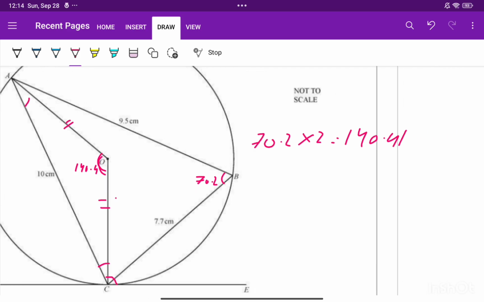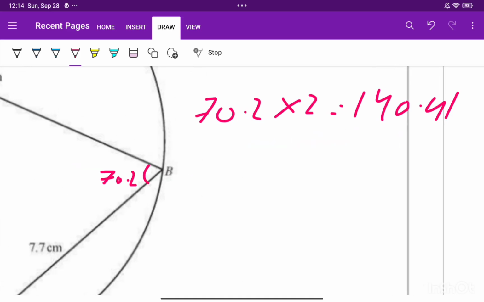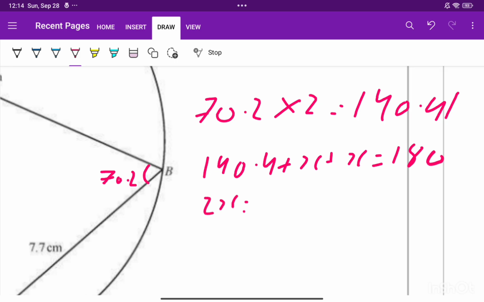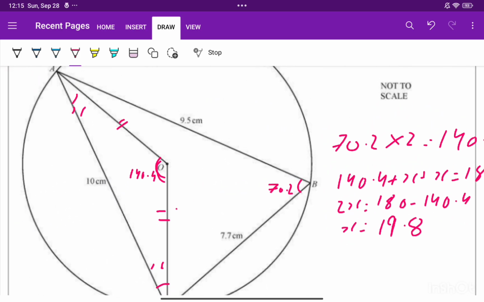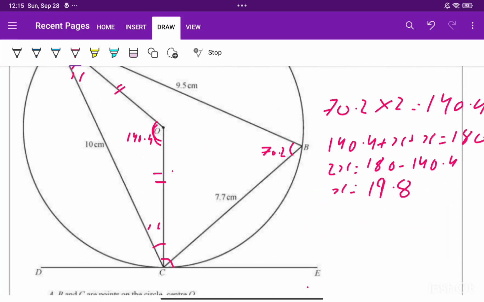So for example, if ACO is x, this will also be x, so we can write 140.4 plus 2x is equal to 180. So 2x is 180 minus 140.4, so x will be equal to, let's do this in the calculator, 19.8. So angle ACO is 19.8.